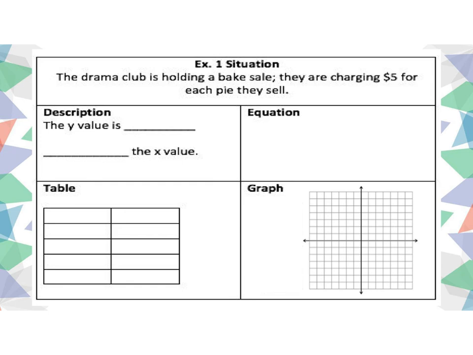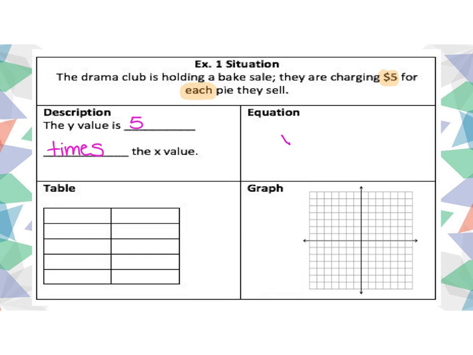So we know that they make $5 for each pie they sell. When I see the word each, that tells me I need to multiply. And we're going to multiply by the $5 per pie. So the Y value in the description is 5 times the X value.